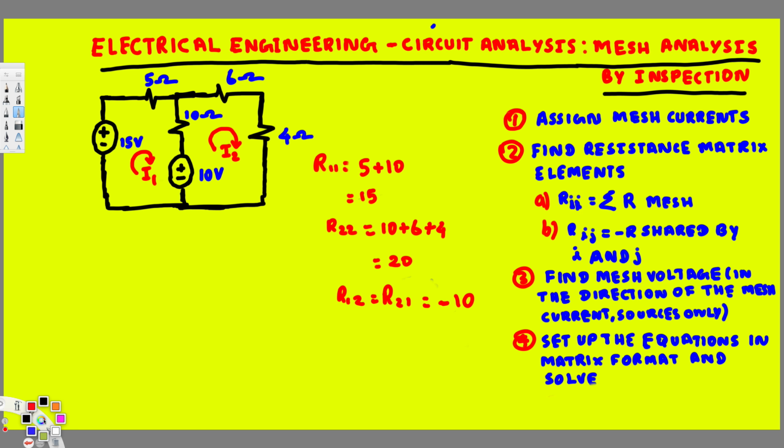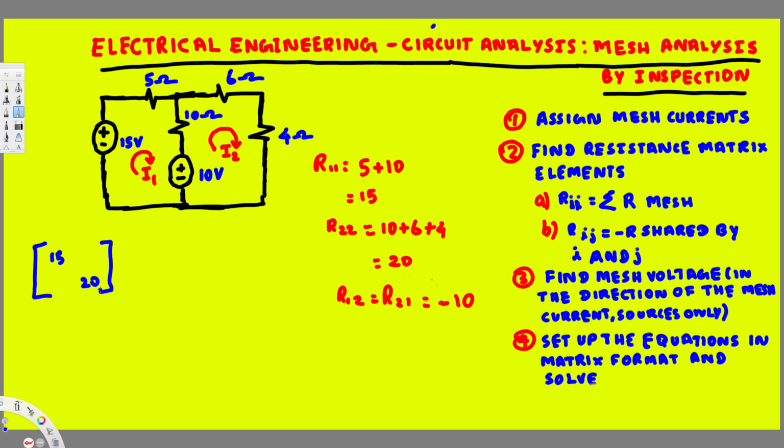After these 3 things we have to create a matrix. In the matrix, this is going to be the location: first row first column, second row second column, and the resistance that was shared by these two is going to be in the first row second column and second row first column. Now this is going to be just diagonal, right? First row first column 15, and second row second column 20.